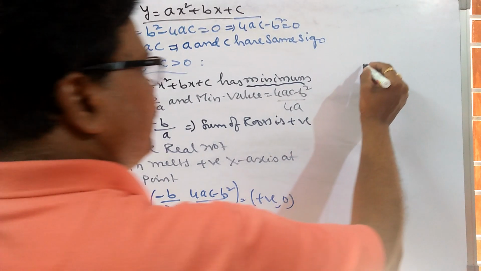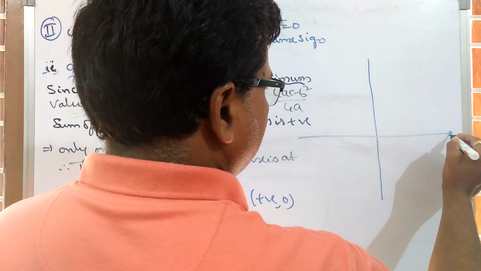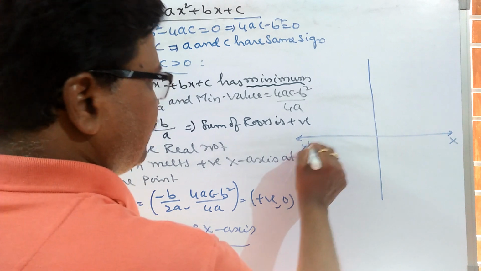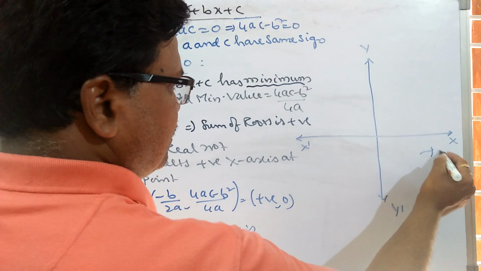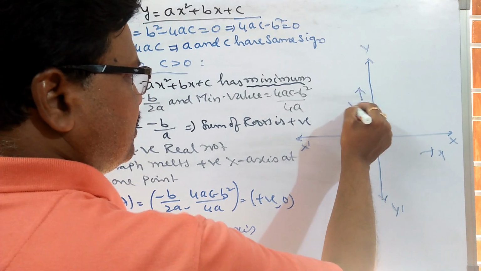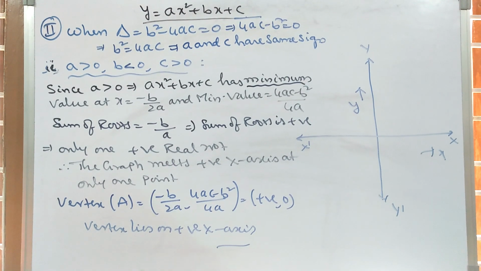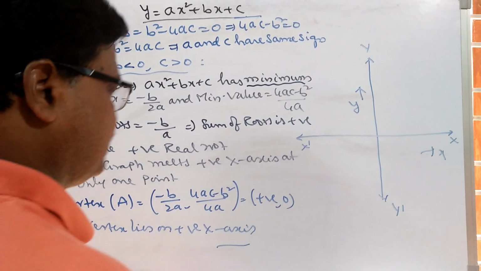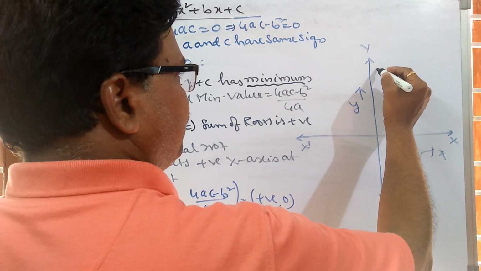Let us see how the graph is. This is x values and this is y values. The graph meets the positive x-axis at one point. So that means the graph will be like this.